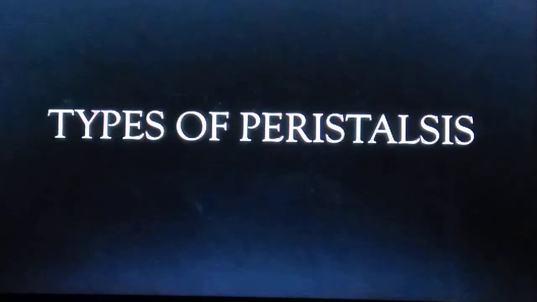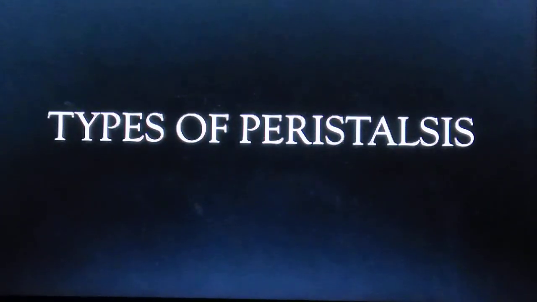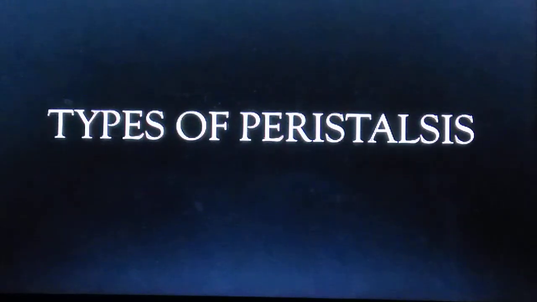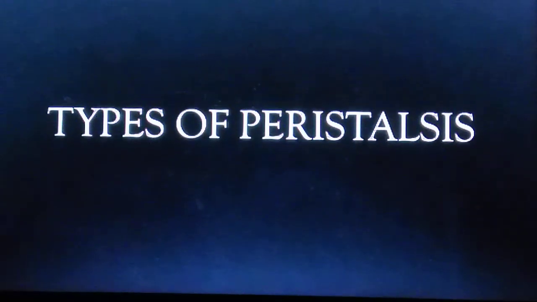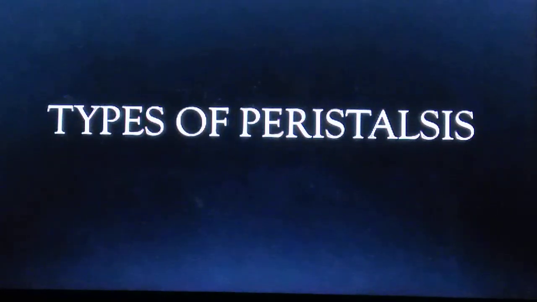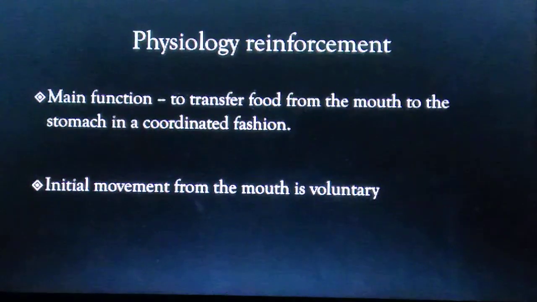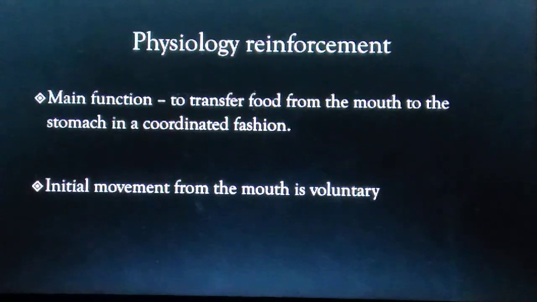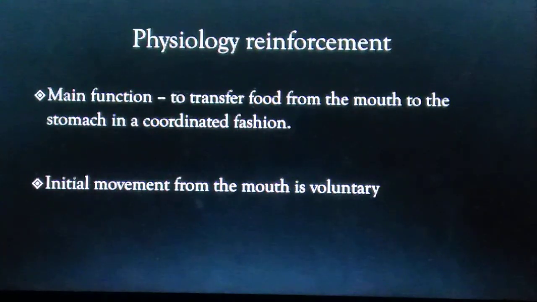Now let's come to the discussion of various types of peristalsis or movement that is present in the esophagus. Basically, there are three types: the primary peristalsis, the secondary peristalsis, and tertiary peristalsis. Let's discuss one by one.